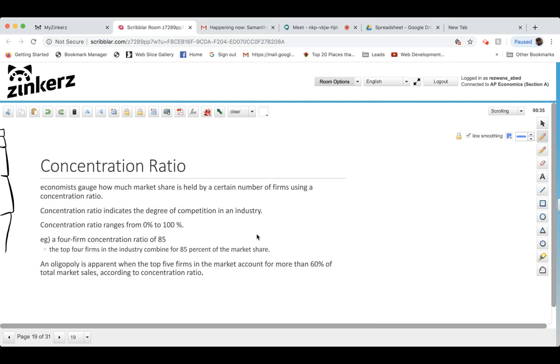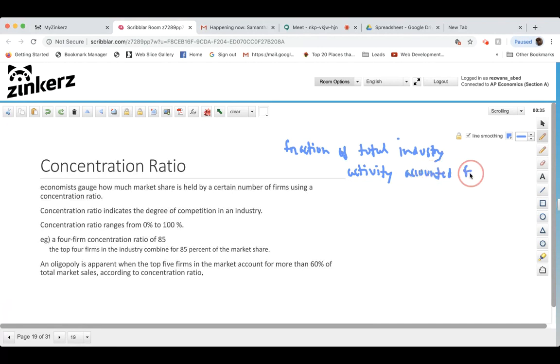So what the concentration ratio really tells us is the fraction of total industry activity accounted for by the four, sometimes when we're talking about concentration ratio, we can either go with the 4 largest firms in the industry or 8.